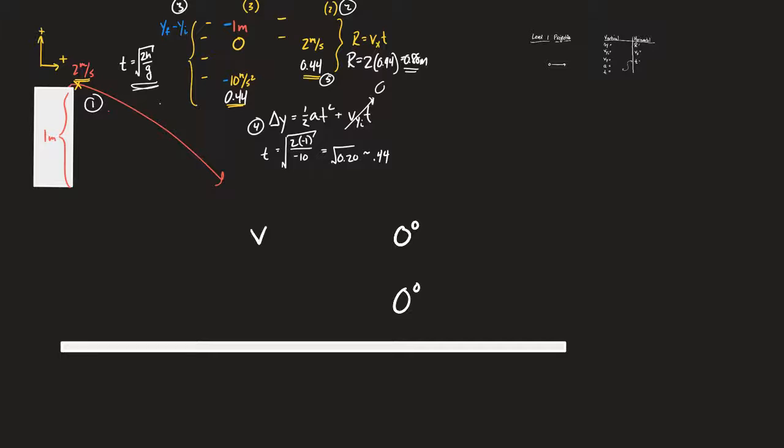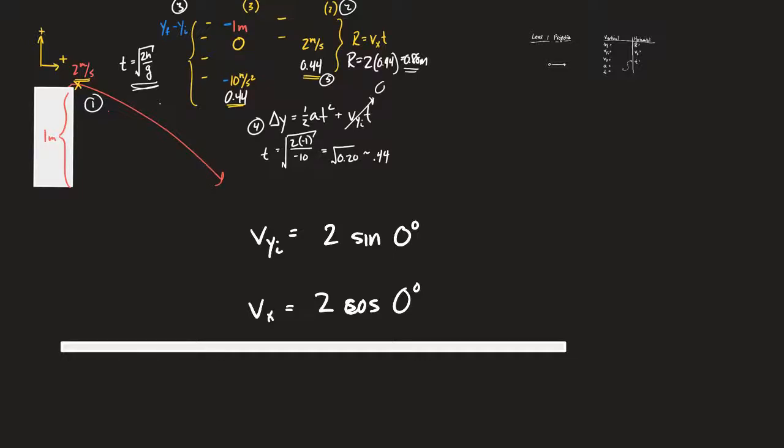So Vy initial was 2 sine 0 degrees, and Vx was 2 cosine 0 degrees. And the cosine of 0 is 1, so this was 2. And the sine of 0 was 0, so the vertical velocity was 0.